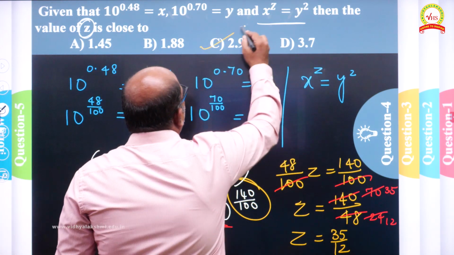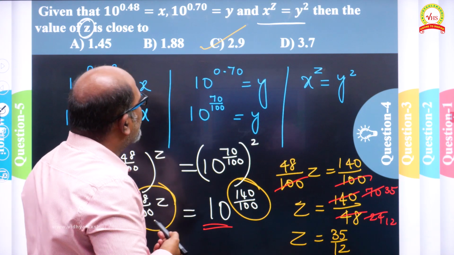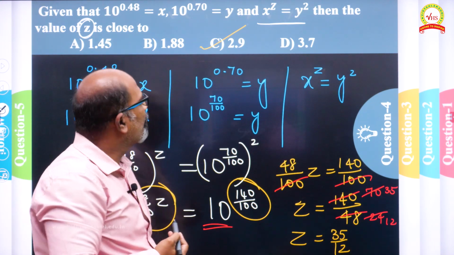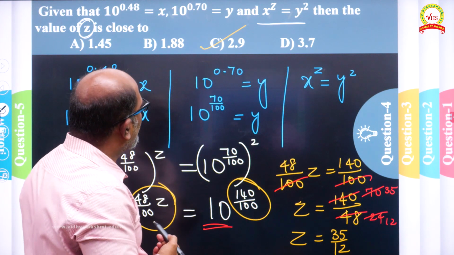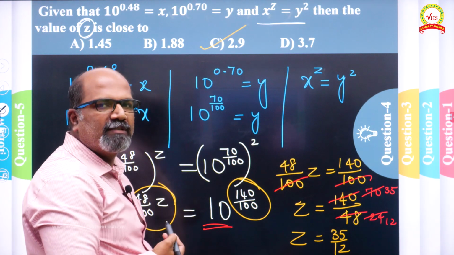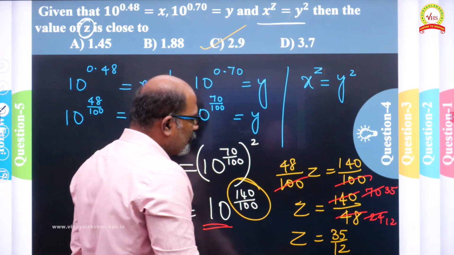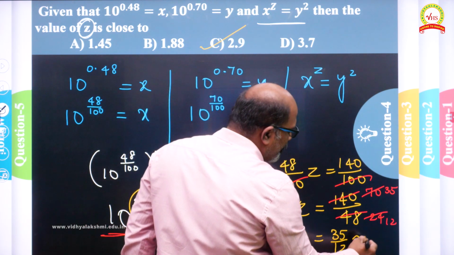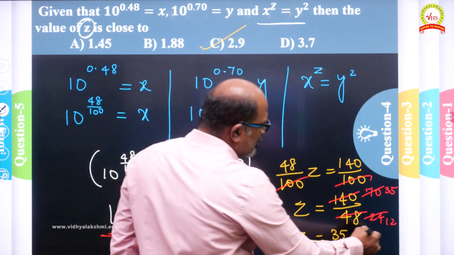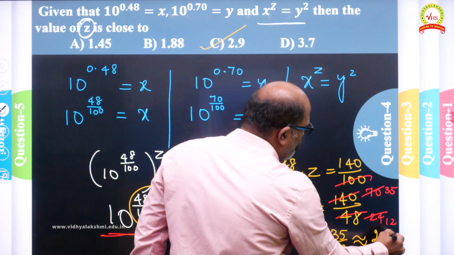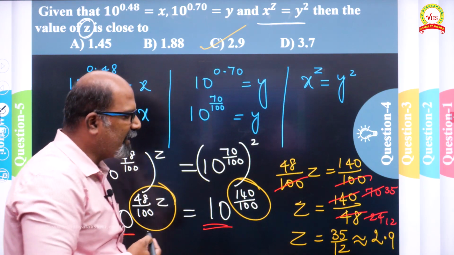It must be within 3 and nearest to 3. That is 2.9. The nearest value of z is 2.9. So approximately, the value of z must be 2.9.